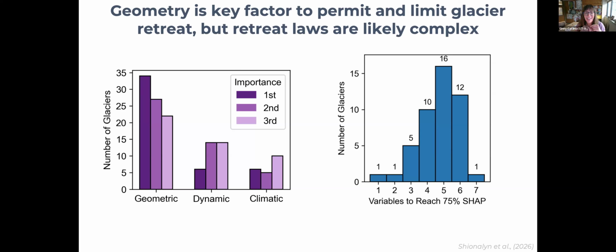our long-term results. But the idea behind this is that, yes, some glaciers choose climate variables as their most important ones, and some glaciers choose dynamic variables as their most important ones. And that was true both in this study of the seasonality, but also in the long-term study. And what we found was that, and this is where I might be getting confused, for the ones that choose dynamic variables to be most important, they're really fast glaciers.